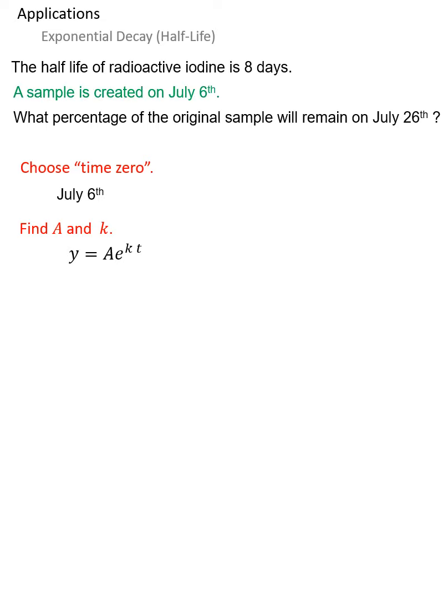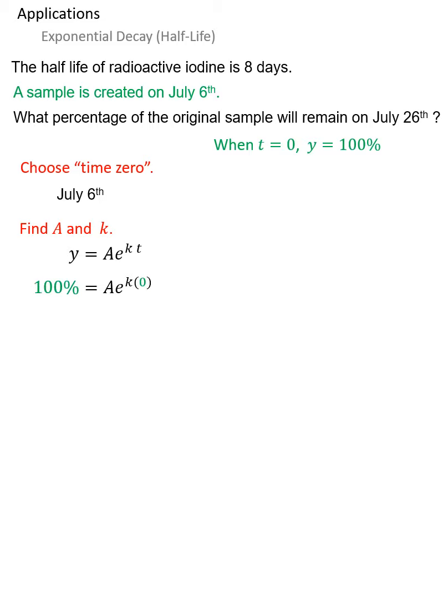So, for example, since the sample was created on July 6th, we're to assume that it had 100% of its original amount on the day of its creation, by definition. And so we can mathematically convert that into, when t is 0, y would be 100%.